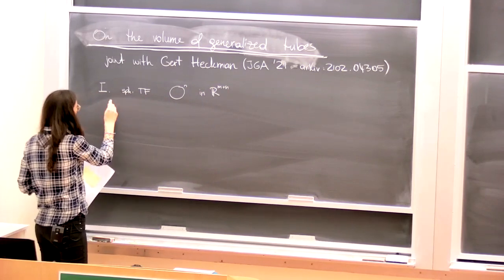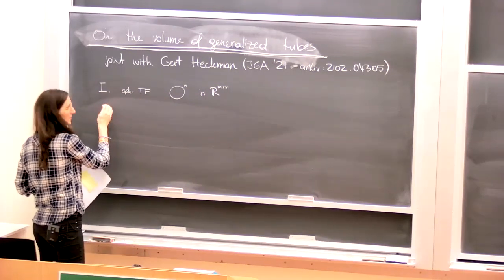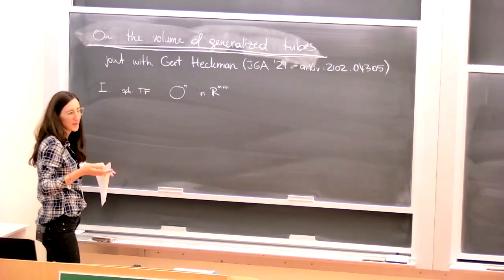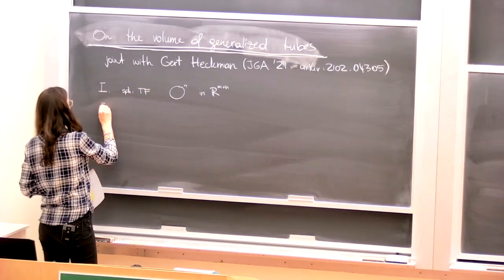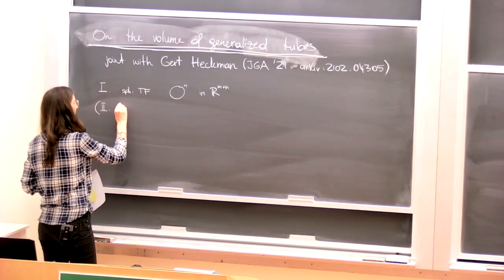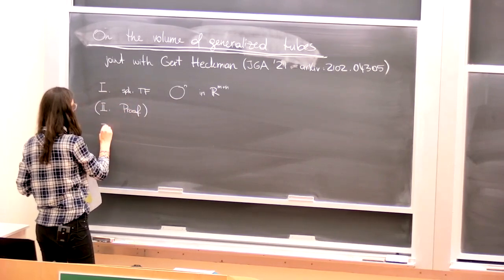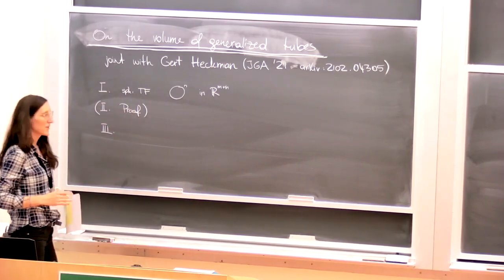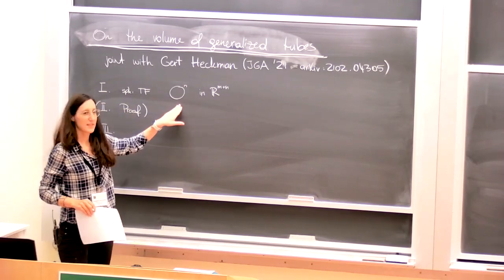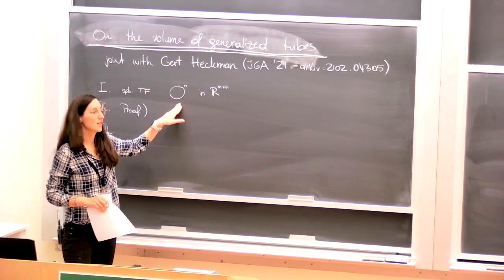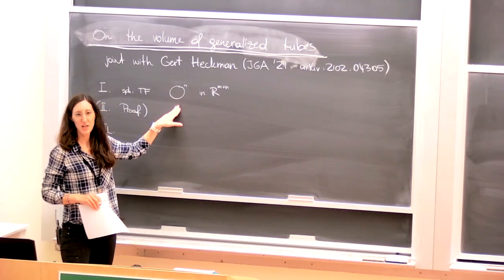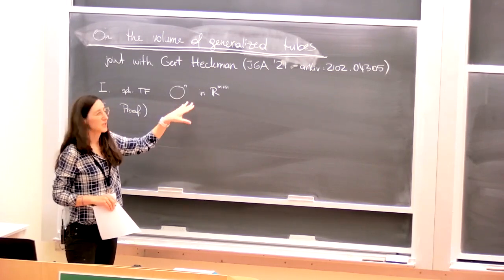Then, in the second part, I'm going to sketch a proof of this result so that we understand why and how we can generalize this. And then in the third part, I'm going to generalize these cross sections that we're going to consider. We're not going to consider balls, we're going to consider more general shapes and see whether the tube formula still holds.